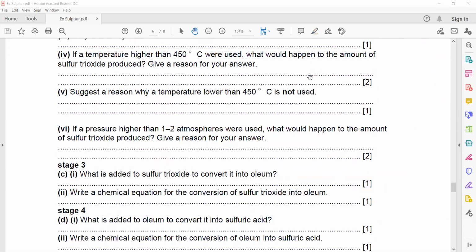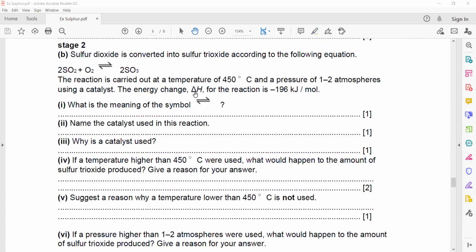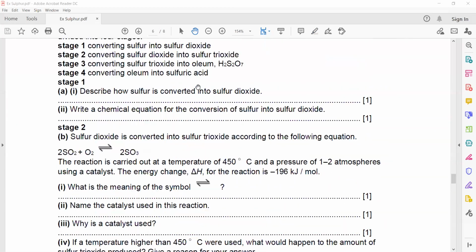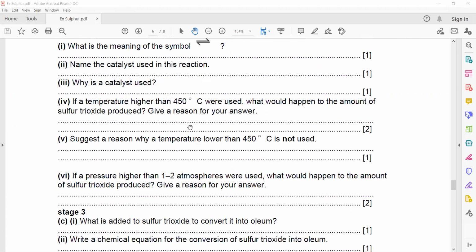If a pressure higher than 1 or 2 atmosphere were used, if you use more pressure, what will happen to the amount of sulfur trioxide produced, and give a reason for your choice. An increase in pressure always shifts the equilibrium toward the side where the number of moles is less. When you check here, you have 3 moles and 2 moles. So what will we get more of? We will get more sulfur trioxide.